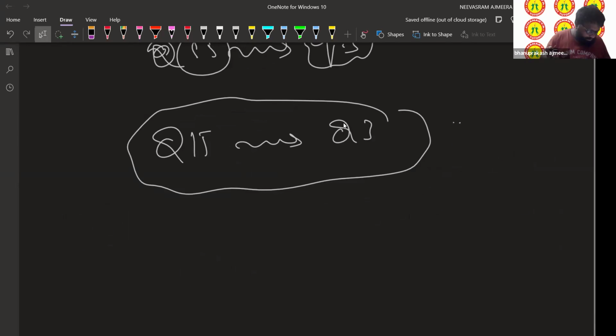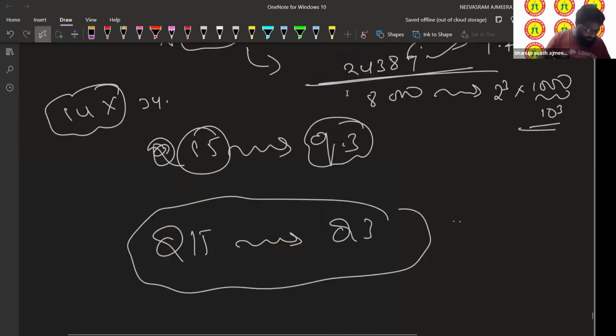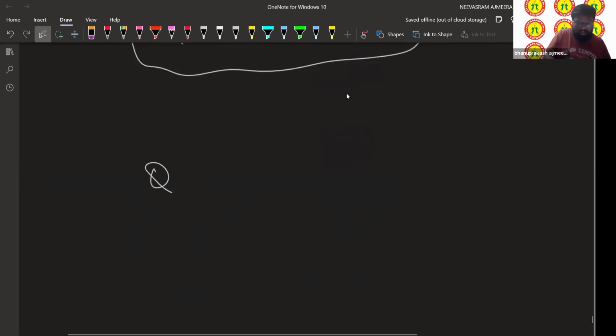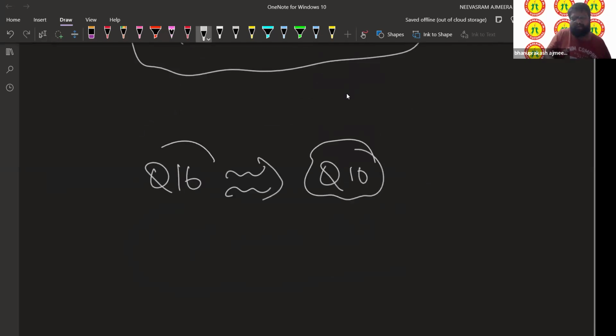Coming to the 16th problem, find the smallest number by which 15,502 should be multiplied so that the product is a perfect cube. Again, they are telling us to multiply. Question number 16 is similar to the 10th question. Go for prime factorization.